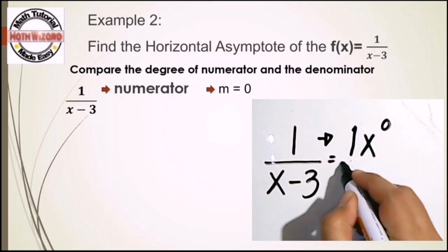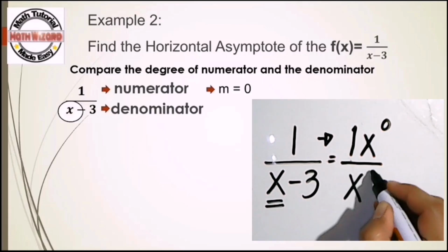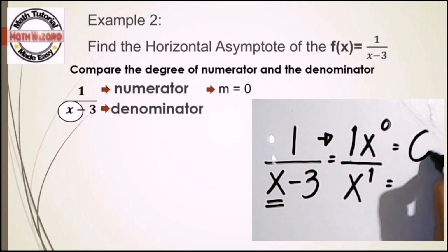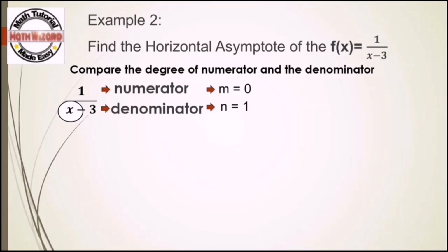Next, the denominator. As we can see, our degree is x, wherein the exponent is equal to 1, first degree, right? Now, after we identify their degree, what we will do is compare the degrees.